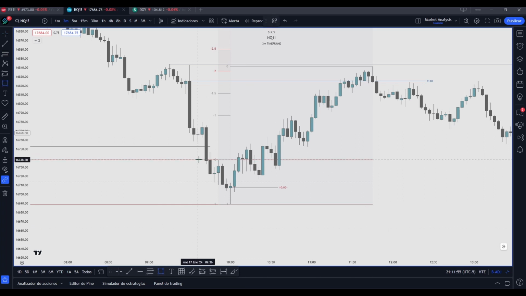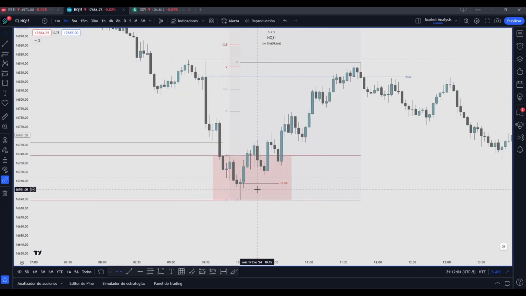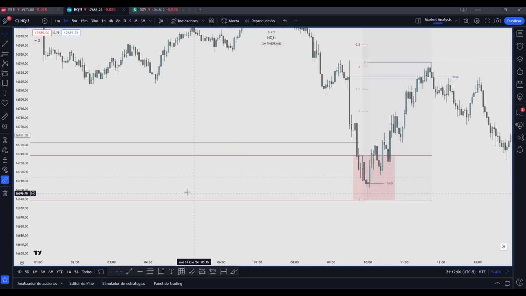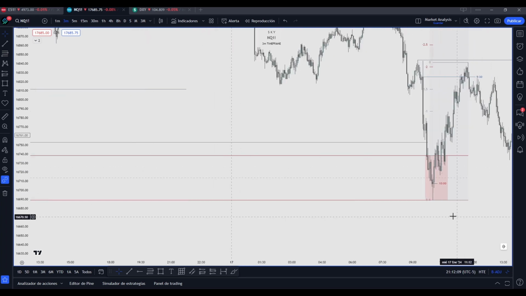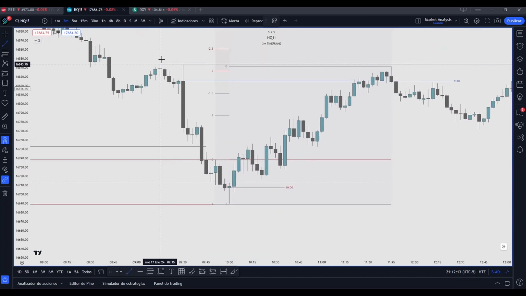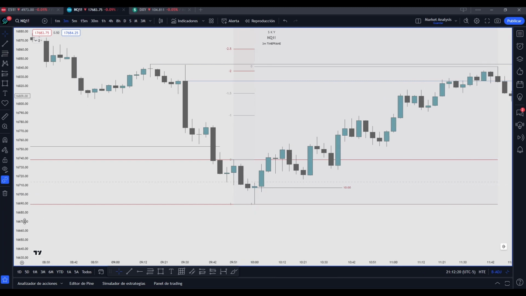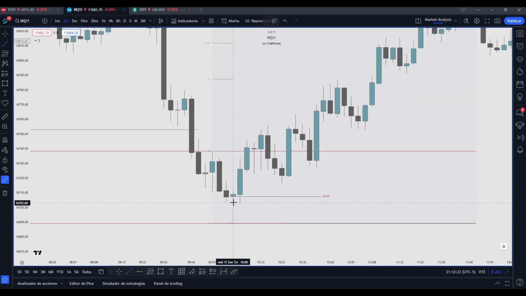If you can see it more on a larger scale, this would be our low of the week, created at 10:00 inside of our -2 and -2.5 standard deviation projections. So we're targeting there. Now, if we have some sort of turtle soup, most of the time we will have a breaker block.